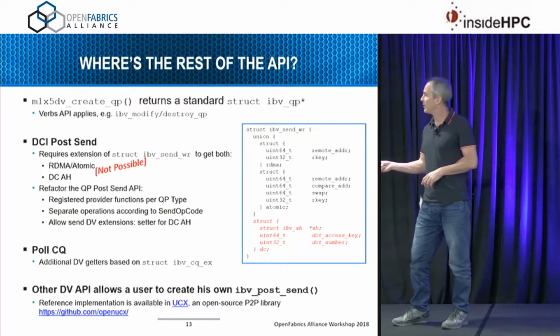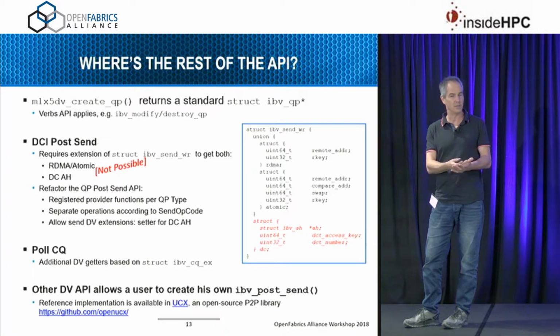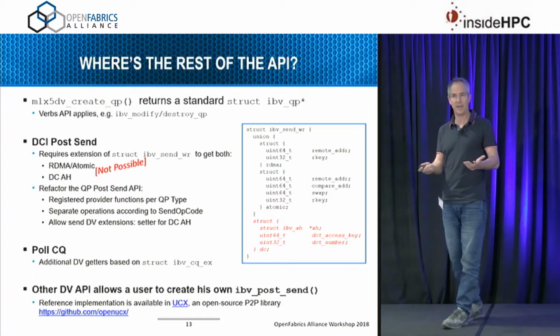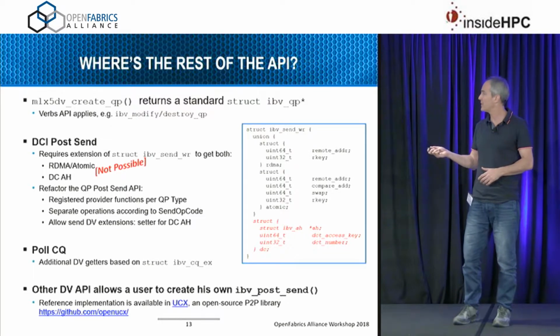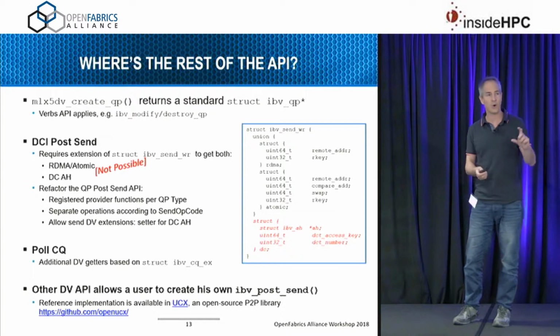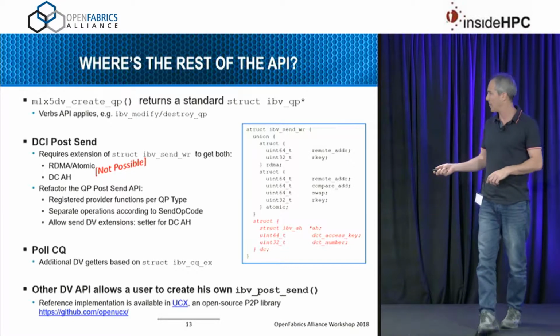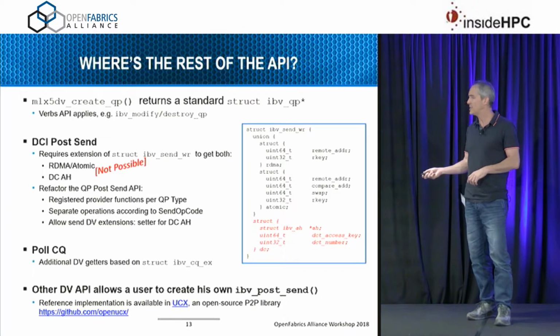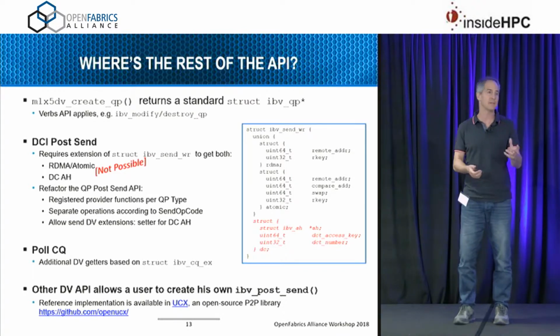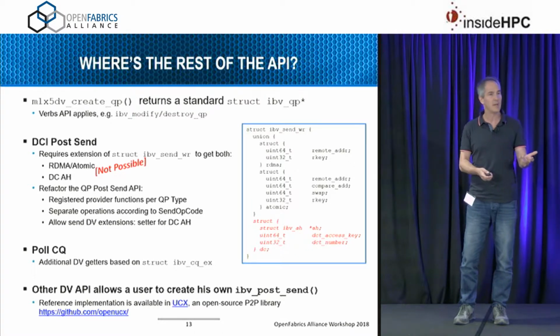So obviously, post-send and PollCQ are things we have to complete in order for general verbs to be valid. Just exposing the create allows using the hardware mapping of registers. In the UCX open source project, we have not an example, that's the real code we use there to do the post-send.